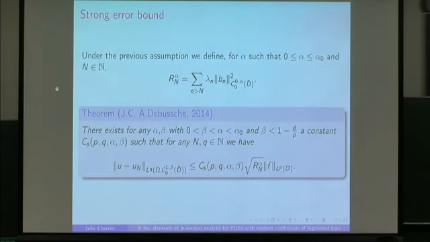There are two ways to answer this question. The first one is what in probability is called the strong error.